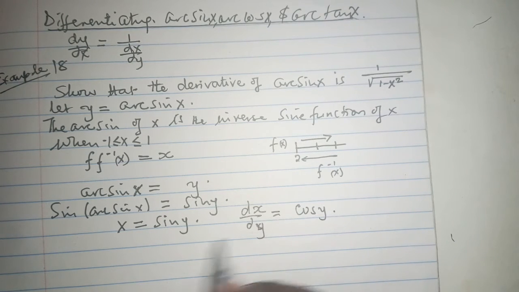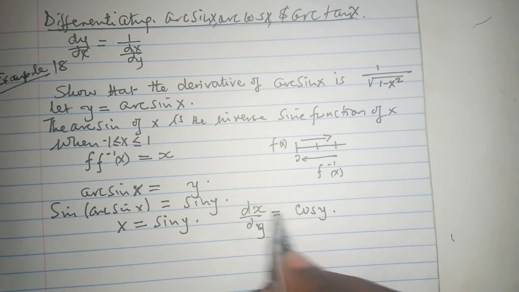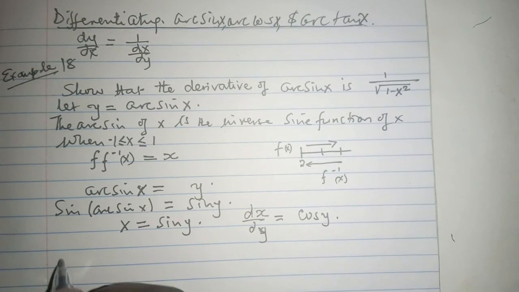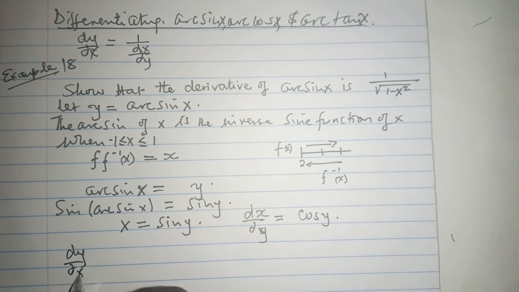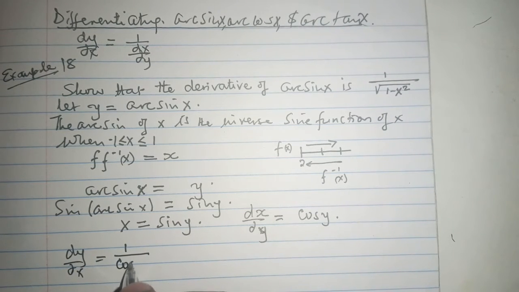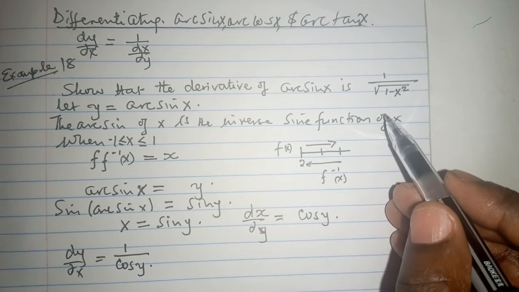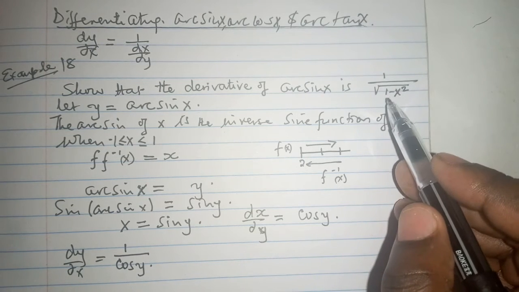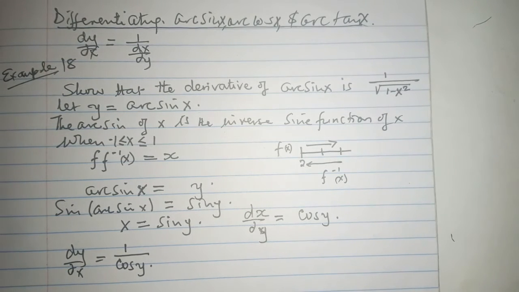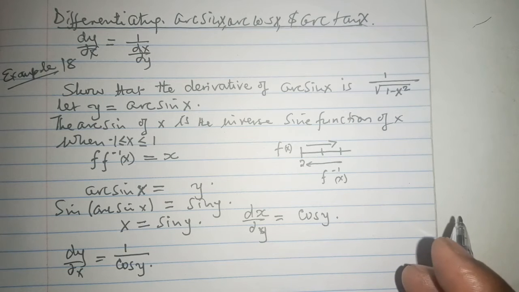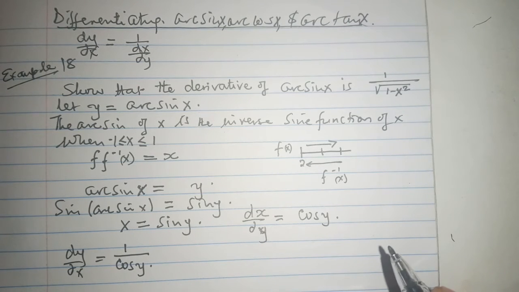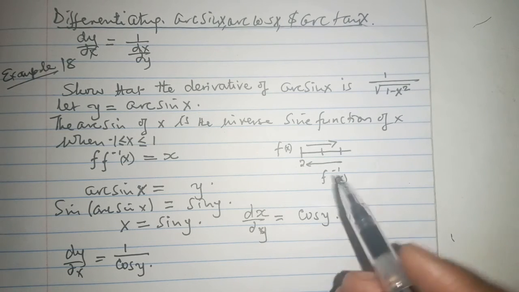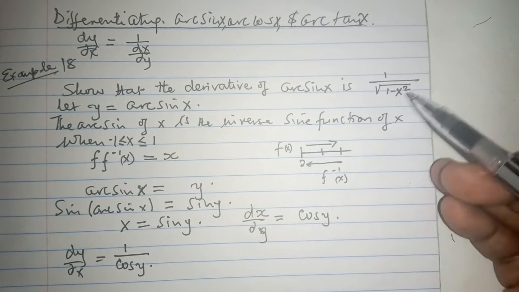And if you want to rewrite it as dy/dx, dy/dx equals 1 over, taking the reciprocal on both sides, the cosine of y. But we are expected to give our answer in terms of 1 over the root of 1 minus x squared. At this point, we have no relationship between the cosine of y and x.